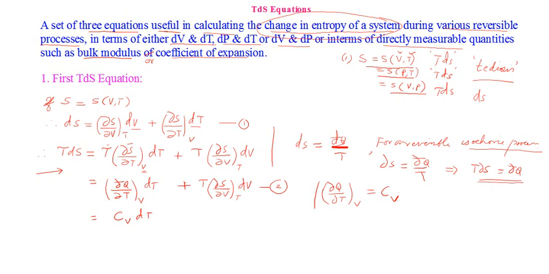What we have done here is, look at this equation: the left side had ds, and the right side also had a dou s term. But your aim is to finally calculate what S, the entropy, is, and you cannot use an equation for one unknown where the right side also has the same unknown.